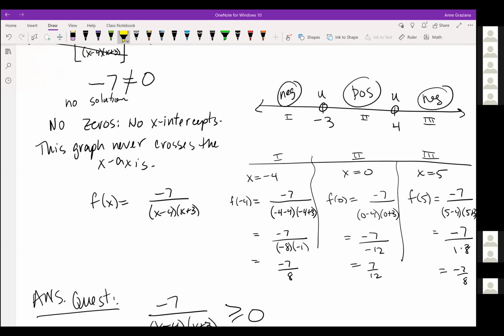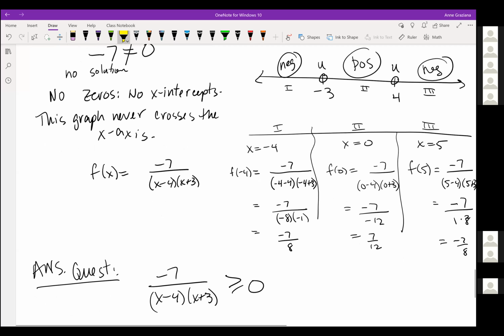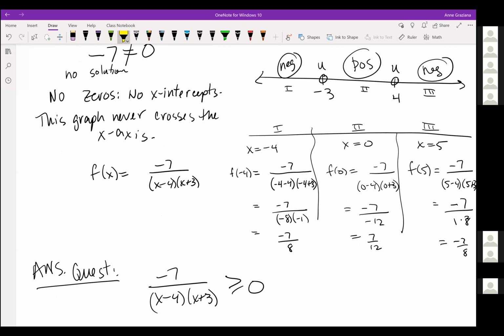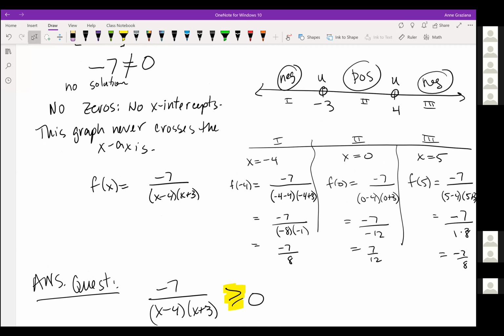I'm not sure. Okay, so let's look at the question again. I want to know where this is going to be greater than or equal to 0. So look at the sign chart. Which portion do you think that is? The second column. Yeah, very good. That's where it's positive. So greater than or equal to 0 is positive.